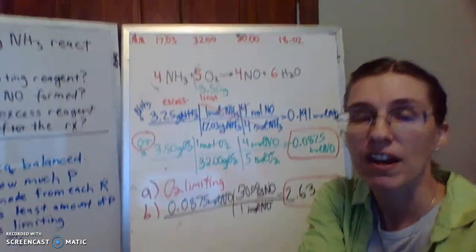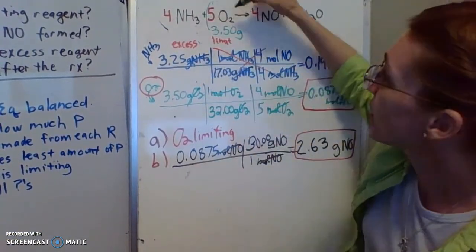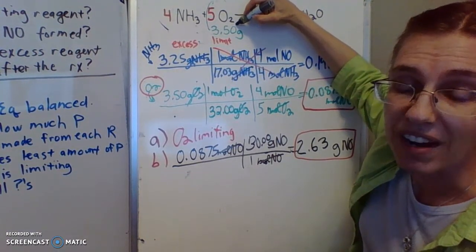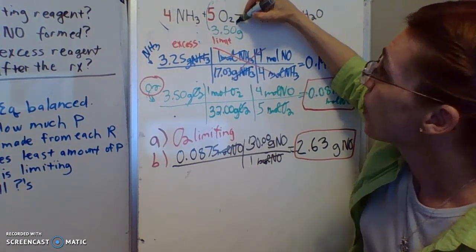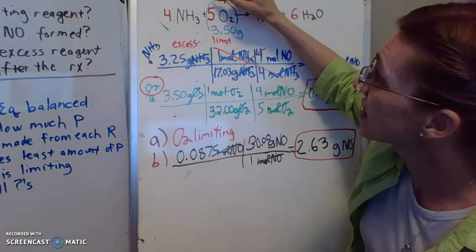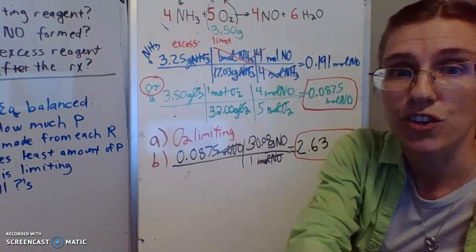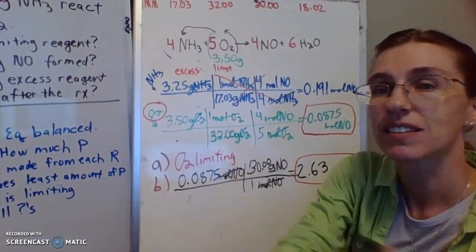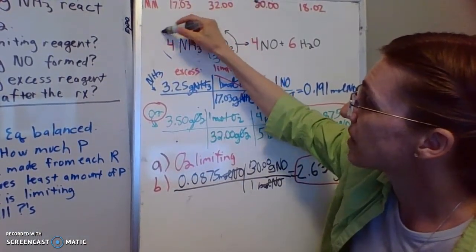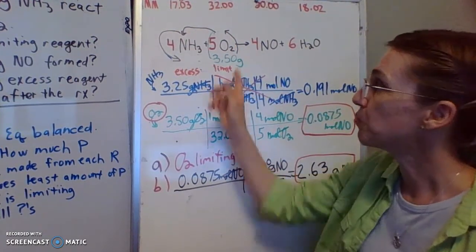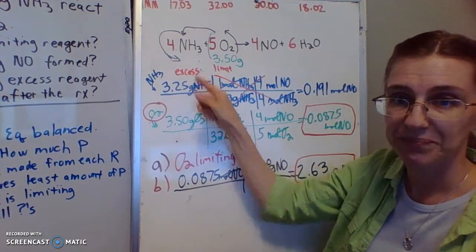So we have to figure out how much of the ammonia we have used. So in order to do that, we're going to take the amount of oxygen. Remember, everything starts with the limiting reagent. We're going to figure out how many moles that is, how many moles that translates to NH3, and then we come back down to grams of NH3. It's that bridge over troubled waters again.